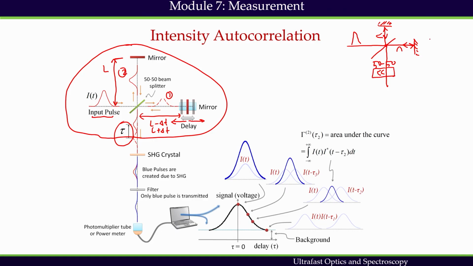Now if we step it back, then this is a longer path traveled by this arm or this pulse, and that's why after the beam splitter, the transmitted beam and the reflected beam will have a delay. This is called tau.